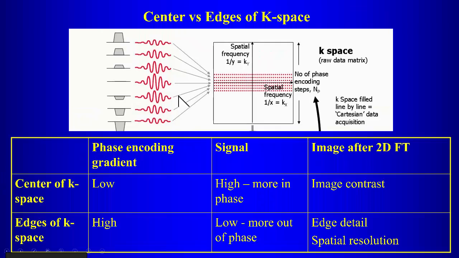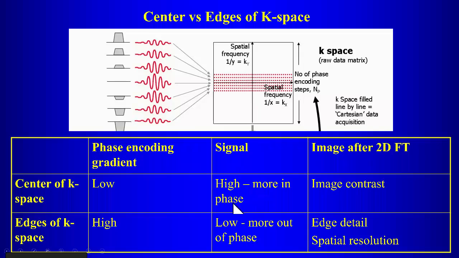Now, there's a couple other things we need to know about K-space. At the center of K-space, the phase encoding gradient is very low. What that means is everything is more in phase when your phase encoding gradients are low, and your frequency encoding gradients in here are also very low. As you get towards the edges, the frequency and phase encoding gets higher.